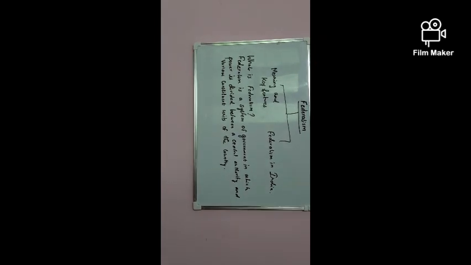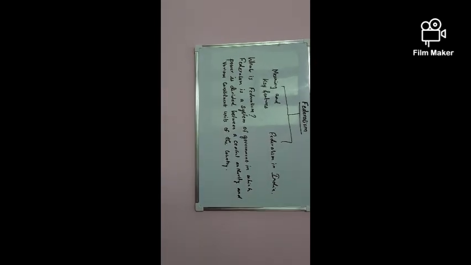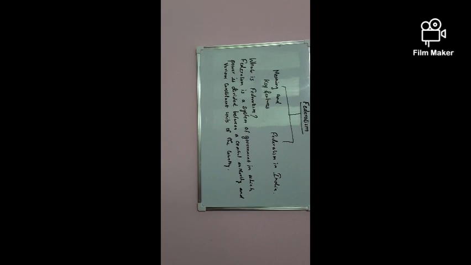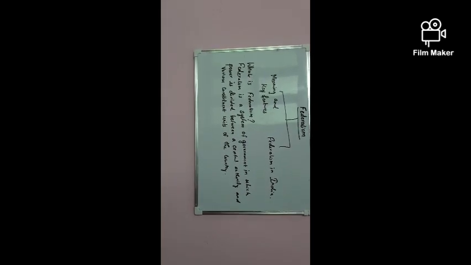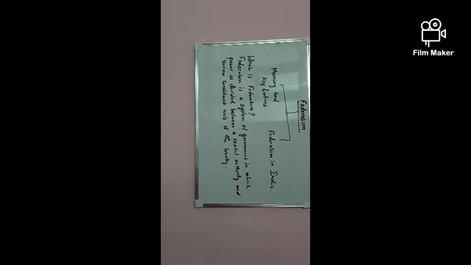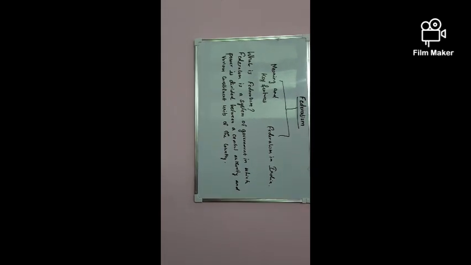In a federation, there are two levels of government. Both levels enjoy their own power independently, as I told you. One is the government for the entire country, which is usually responsible for a few subjects of common national interest.